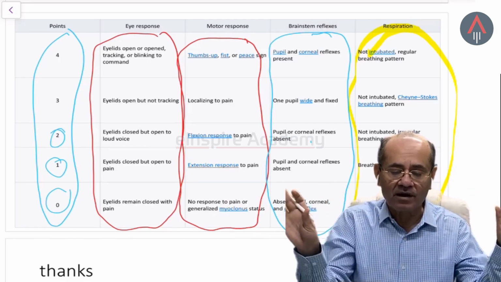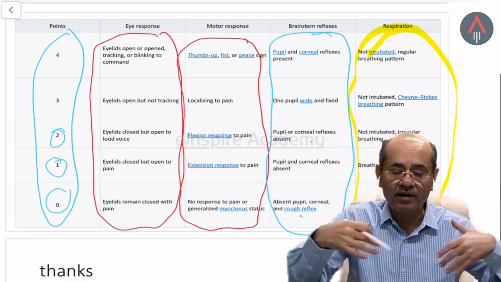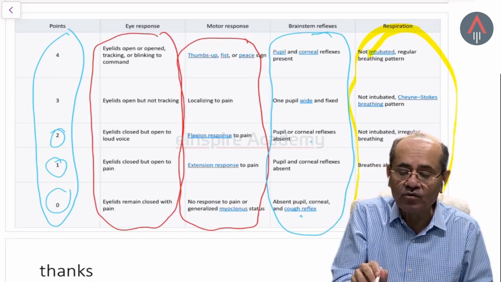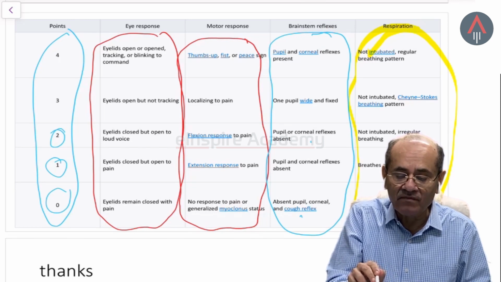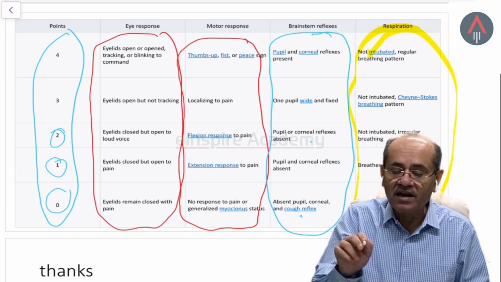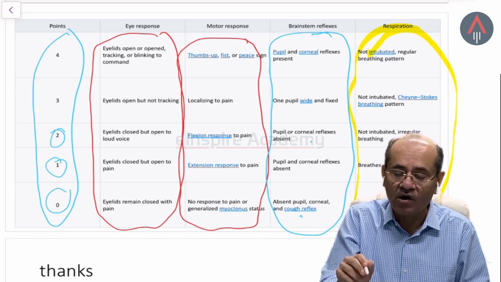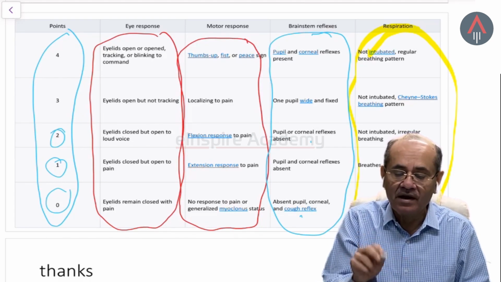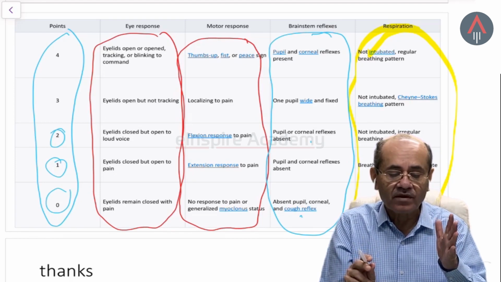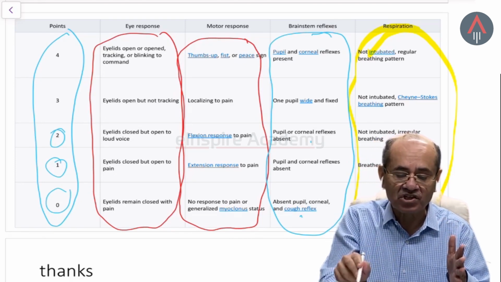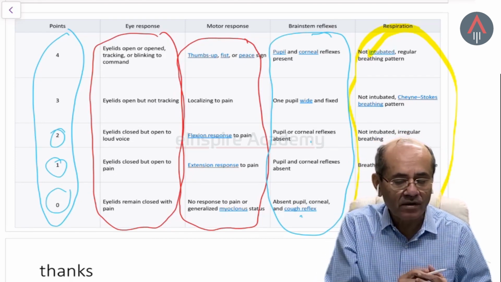No marks for verbal response in this case. But they have included two things, the brainstem reflex, which includes pupil, corneal, and cough reflex, and then respiration, whether without ventilator, with ventilator, and a few more points in between. So that's how you make a maximum score of 16 and a minimum score of 0.